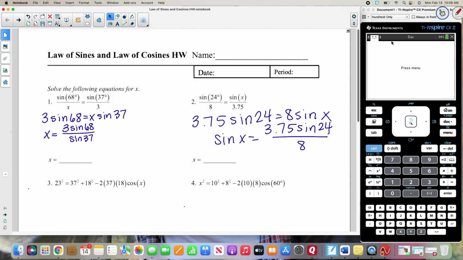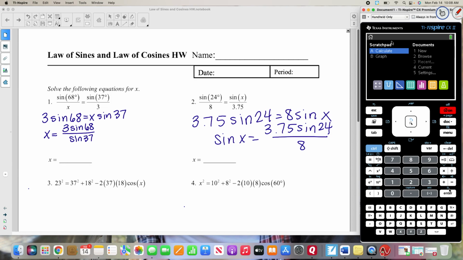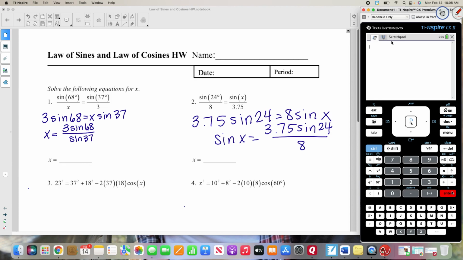To type this in the calculator, when you are looking for an angle measure, we're going to hit inverse sine, then Control Divide, and then type this fraction in the calculator.